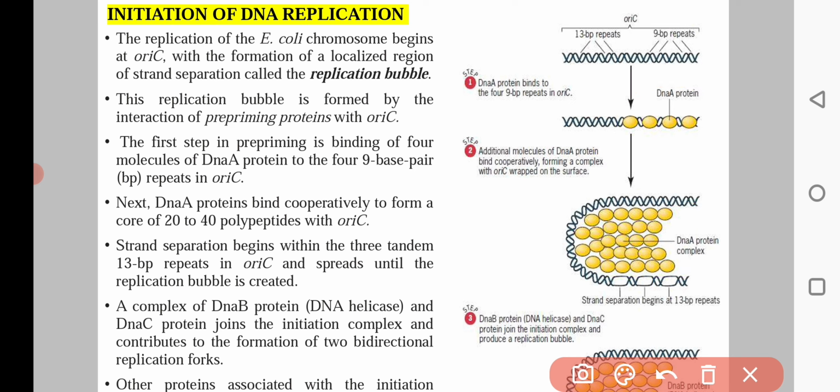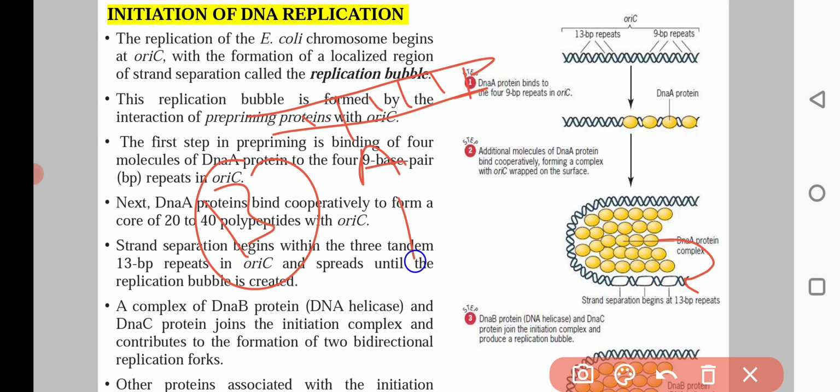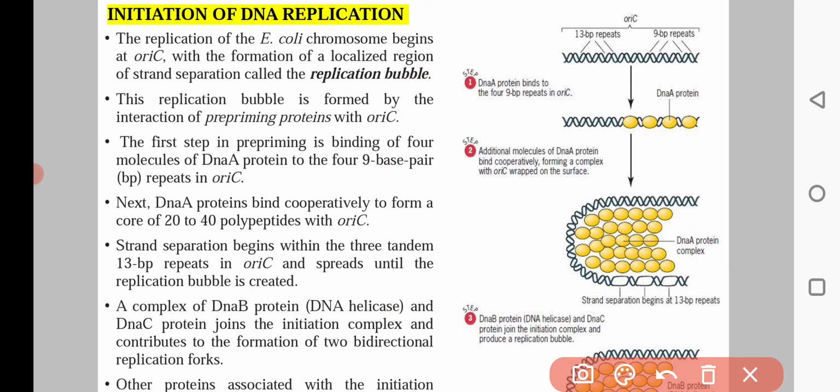Likewise, a complex of DnaA protein is formed which creates pressure on the 13 base pair repeats, which are 3 in number. These 13 base pair repeats have an AT rich region. We all know that adenine double bonds with thymine, so they easily break the hydrogen bond, and it triggers the opening of the 2 DNA strands.